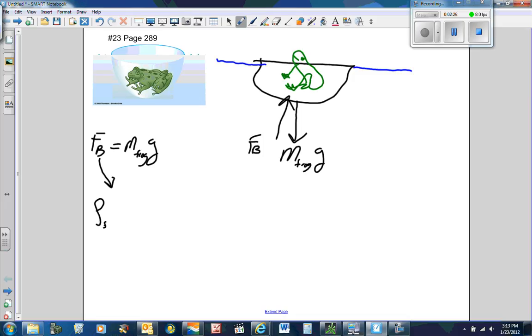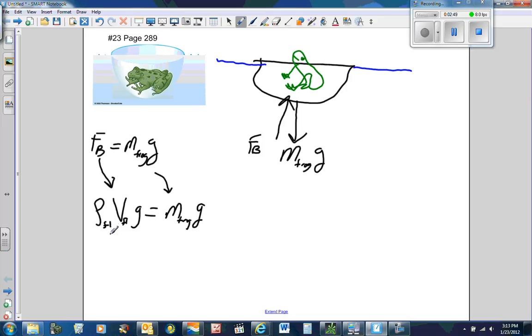Remember, that's rho for density of the fluid. That's not frog, that's fluid now. Let's put an FL for fluid. Times the volume of the fluid displaced times g equals buoyant force. Well, what's buoyant force equal? It equals the mass of the frog times g.